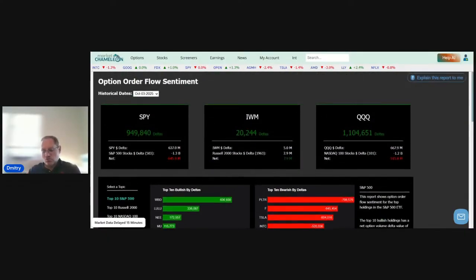And what this report does is it keeps track of option order flow throughout the day. So every time there are trades in the options, they get reported.